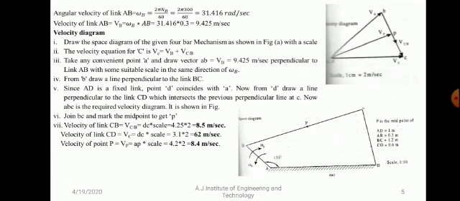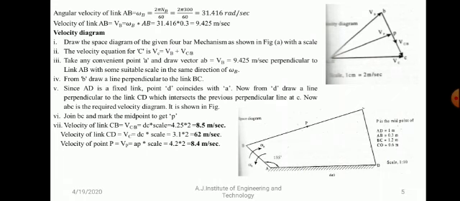Since AD is a fixed link, point D coincides with A. Now from D, draw a line perpendicular to the link CD. Perpendicular to the link CD, you draw one more line from A or D. A and D are both fixed points, therefore it is the same point, the initial point.